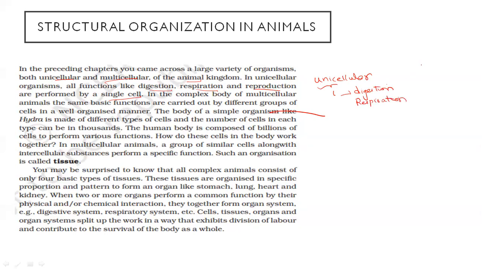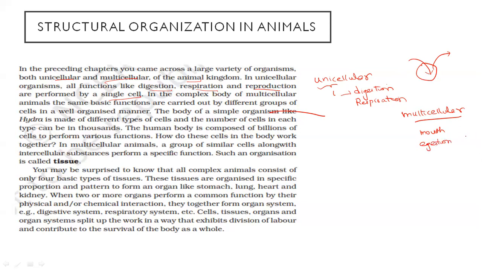A simple example: if this is a unicellular organism, the entry and the exit are the same for it. But humans are multicellular organisms, right? Because we eat with the help of the mouth. So we take in food from the mouth, and the process of taking out the waste material from the body in the form of solid waste is called egestion, okay?